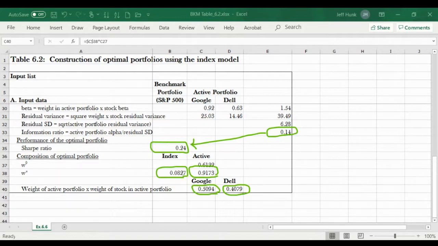This large tilt, you see 90% into the active portfolio and only 10% into the index. This large tilt, is it acceptable?